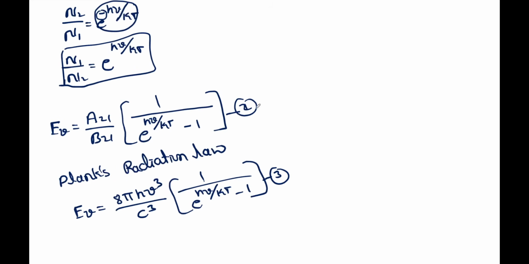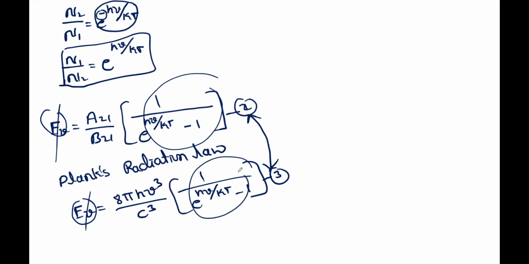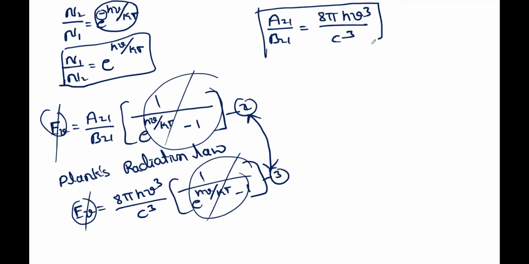Now compare these two equations. What will we get? E nu will get cancelled on both sides. Remaining is A21 divided by B21 is equal to 8 pi h nu cube by c cube. So this means this much energy is required to make a transition for an electron.